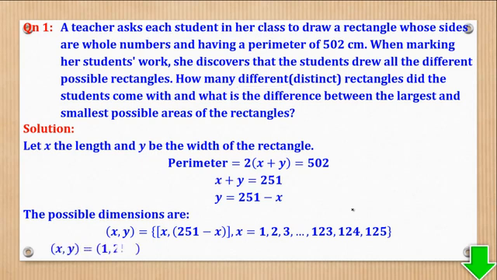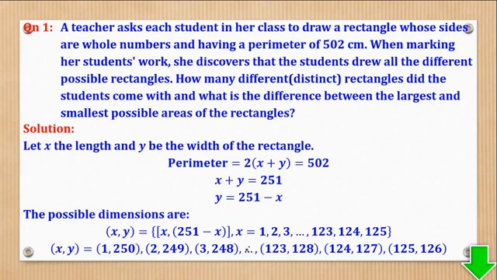So if you are to list them, these are the possible dimensions. Here it means there are more dimensions in between. I think by now you know how to count the number of rectangles, like the way we used to count number of pages. You say this minus this, everything plus 1. So this minus that is 124 plus 1 to give you 125. So there are 125 possible rectangles.